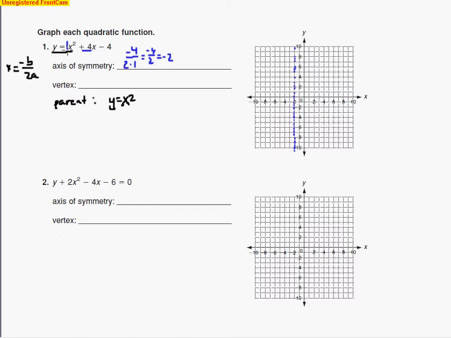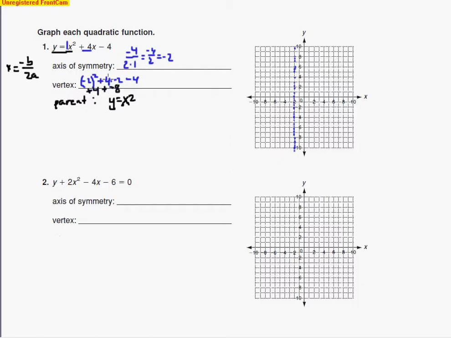We substitute negative 2 in for these x's. Now, be careful here. It's negative 2 squared, and then plus 4 times negative 2, and then minus 4. Whenever you're finding the vertex, you're going to see this concept where we do this work. Notice you have a positive 4 because the two negatives cancel out, positive 4 plus negative 8.